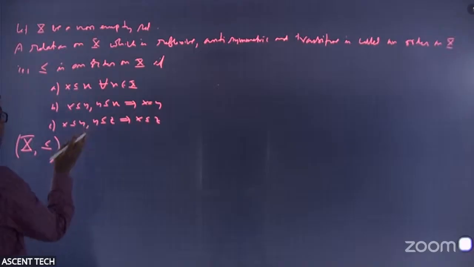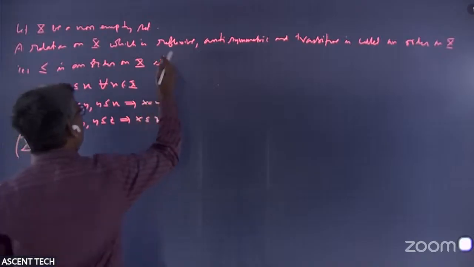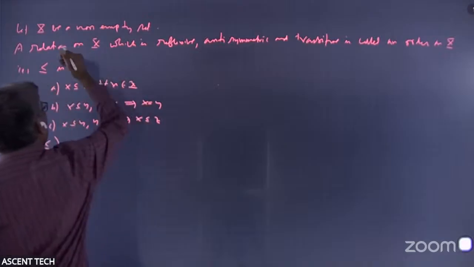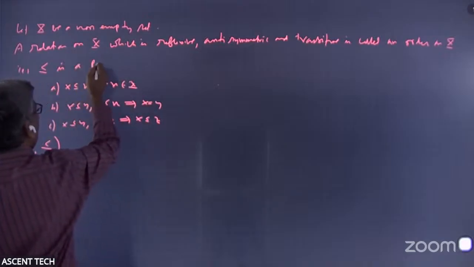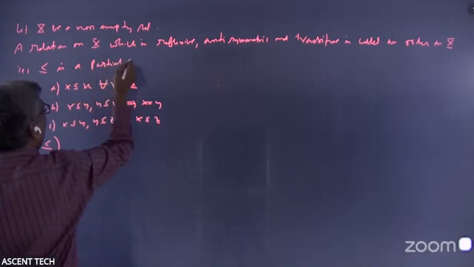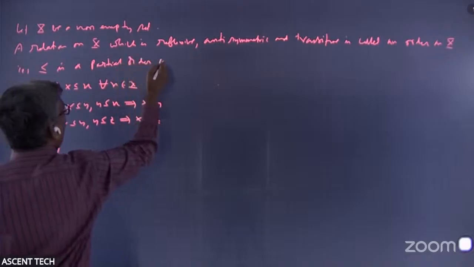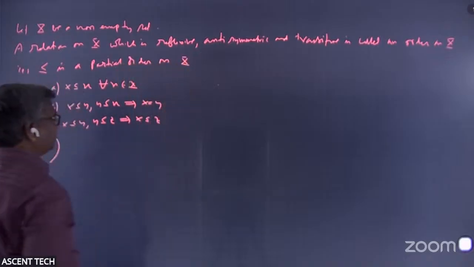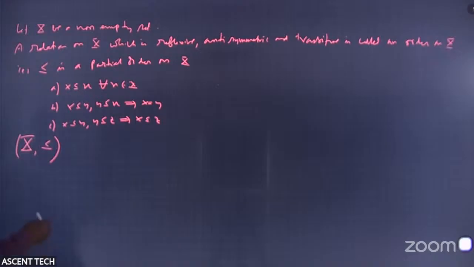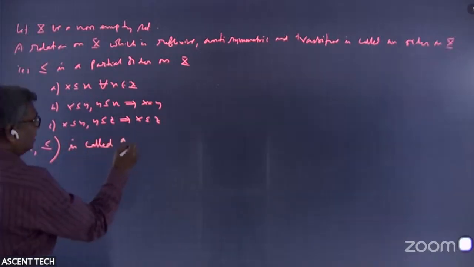It is actually called an order or a partial order. A partial order on X. And X with less than or equal to is called a partially ordered set.